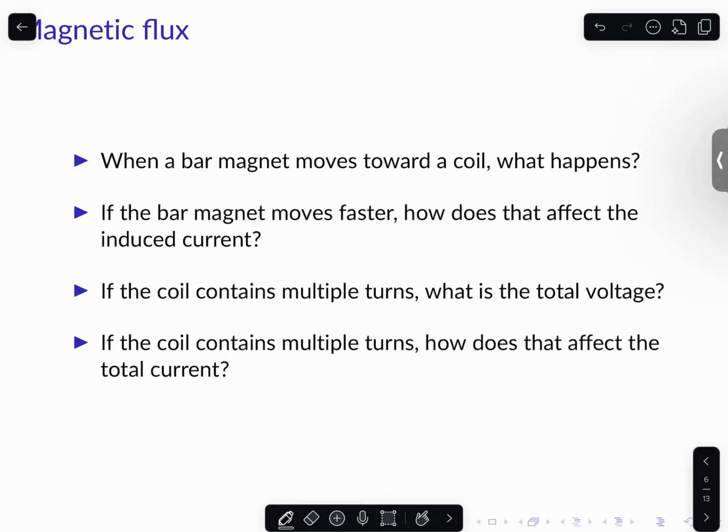Don't memorize current always stays the same. If I've got 500 turns of wire, I don't know, 10 ohms, making this up. If that 10 ohms of wire is also connected to a 1,000 ohm external resistor, the total resistance isn't doubled when I double the coils. I've gone from 10 ohms wire resistance to 20 ohms wire resistance.